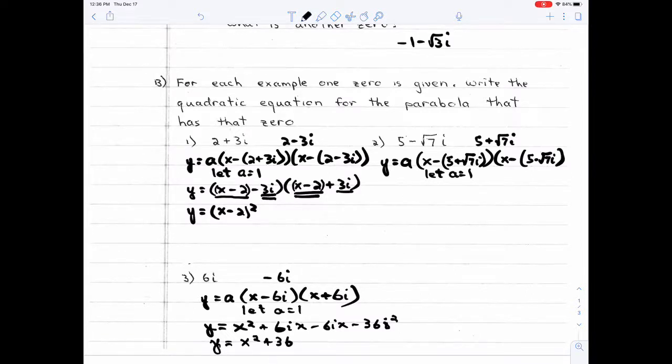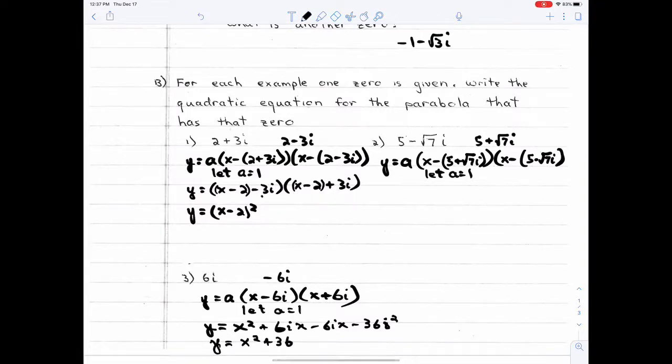x minus 2 times x minus 2 is x minus 2 squared. The middle term goes away. So this and this combined with these two are opposites of each other. They go away. That's kind of the hard part.